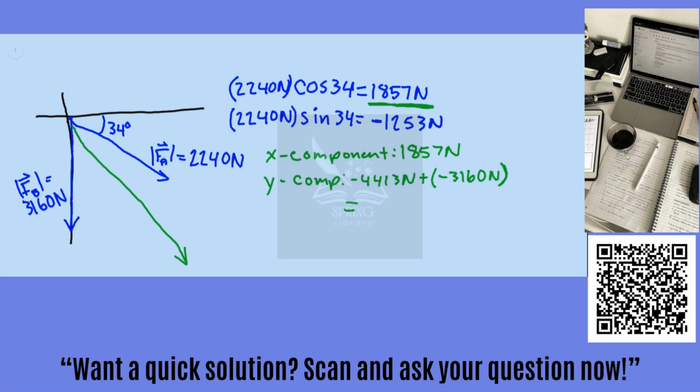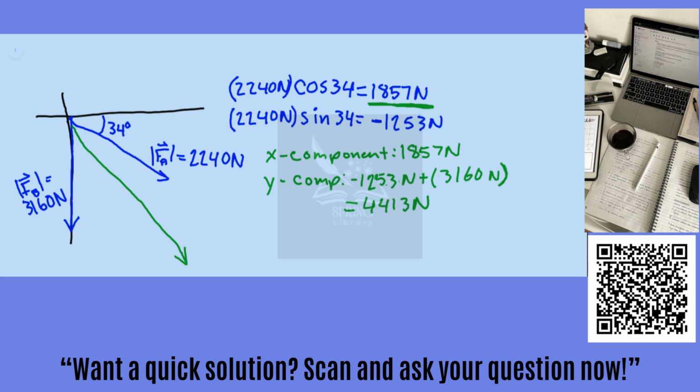That'll change our answers right here. Sorry if that was confusing before. You didn't understand where I was pulling out these numbers. Oops, I erased the wrong number there. 1,253. This is 3,160. And it is going to be equal to 4,413 newtons. There we go. Sorry if that was confusing before.